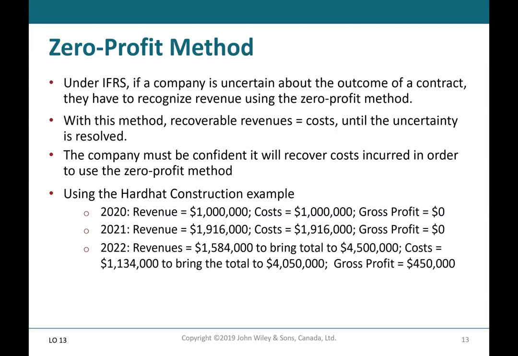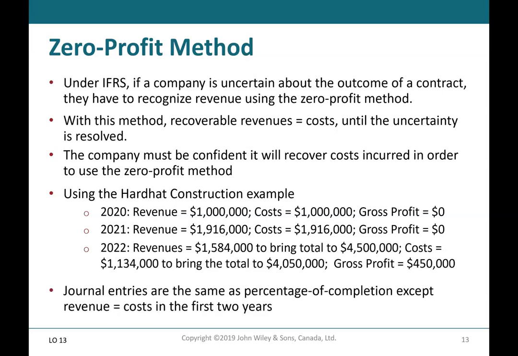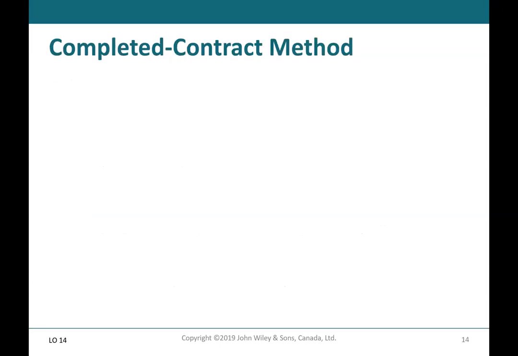Costs equal 1.134 million to bring the total to 4.050 million. The gross profit equals 450,000. Journal entries are the same as percentage of completion, except revenue equals costs in the first 2 years.